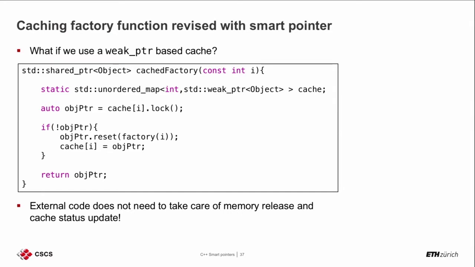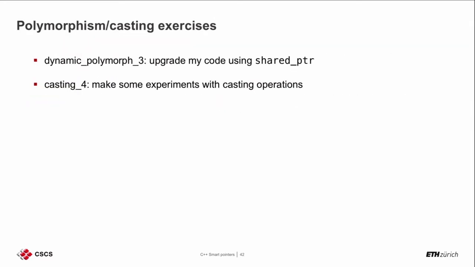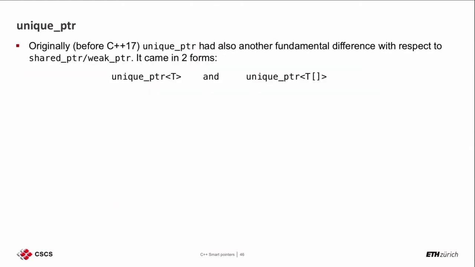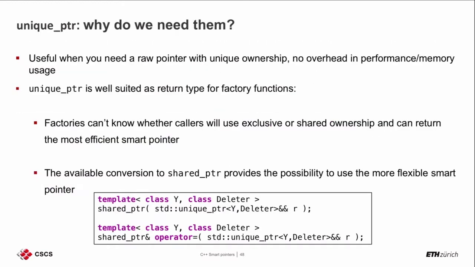And this is not always what is needed. So you can think about updating that factory function to use a unique pointer instead, so that you give the external user the possibility to use a unique pointer, which is less flexible than a shared pointer, but it will also use fewer resources.